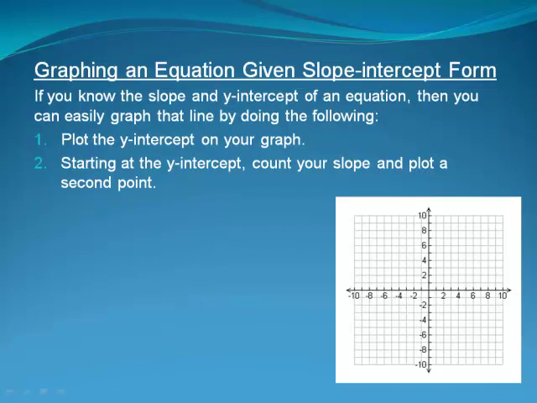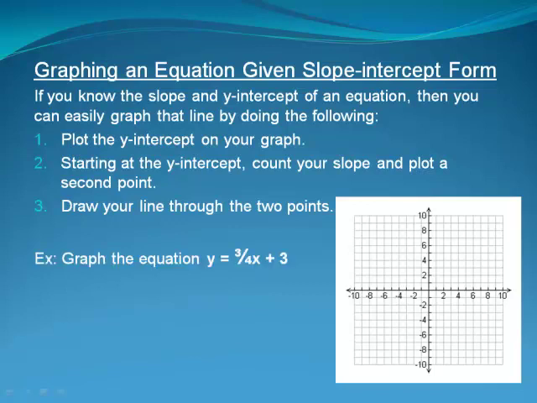Second step, starting at the y-intercept, count your slope and plot a second point. Now you have 2 points on your graph. You can draw a line through your 2 points and you'll have your line. And let's demonstrate all 3 of those steps with an example.